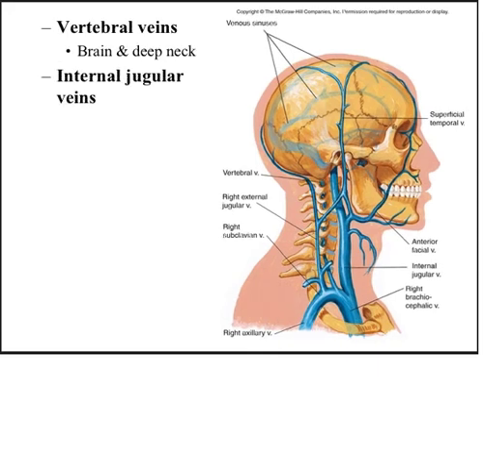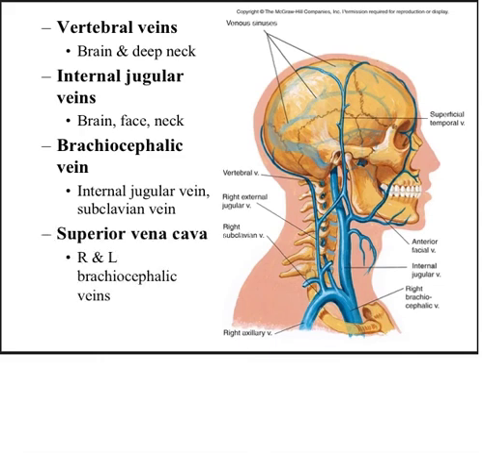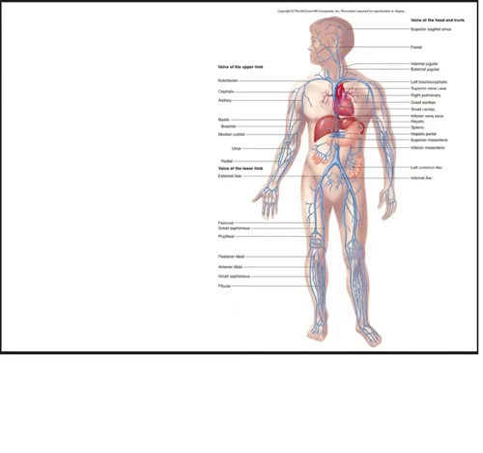The vertebral veins drain the brain and the neck, while the internal jugulars drain the brain, face, and neck. The brachiocephalic drains the internal jugular vein and subclavian vein, and then into the superior vena cava, which dumps back into the heart. The superior vena cava drains the right and left brachiocephalic veins.